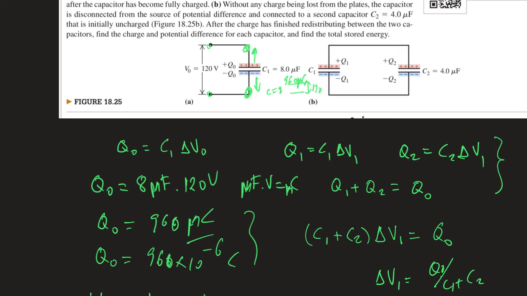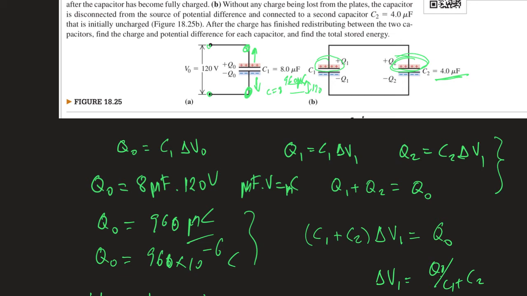So you connect the capacitor to another capacitor with another capacitance of 4 microfarads. Something is happening, and what is happening is that you are connecting one surface to another surface to become one unique equipotential surface.